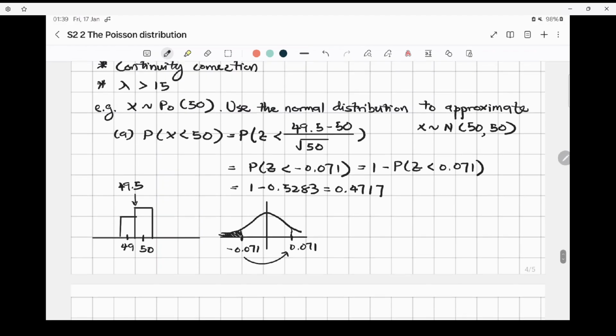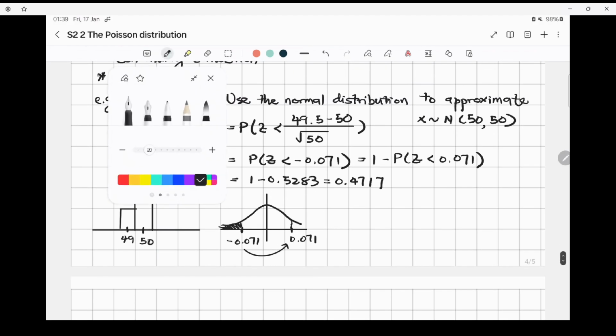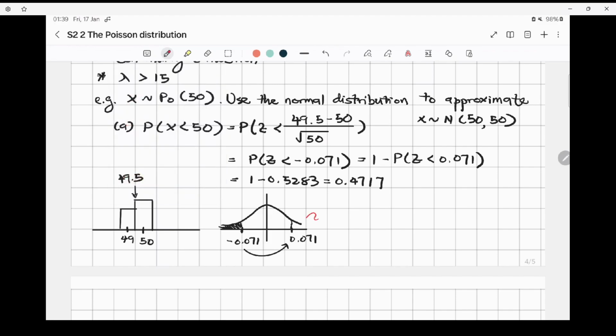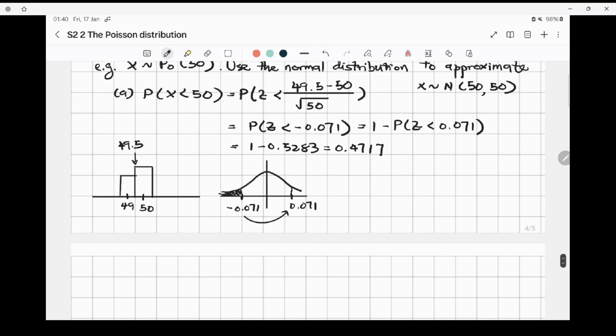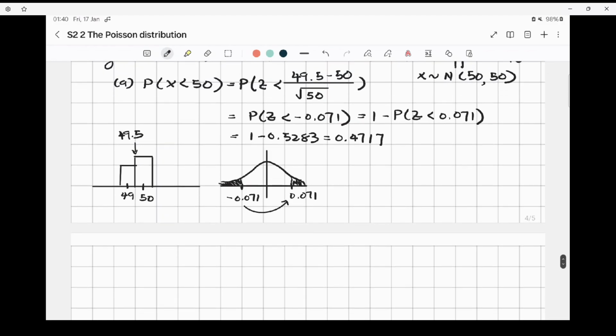And if you use the table, these are the values that you will find. In order to find the exact same value, you have to use 1 minus P(Z < 0.071), which is over here. These two are symmetric. Roughly that's the idea of finding the continuity correction number and how to read the table and do the conversion. So I explained part A. For the rest of the examples, I will just write down the answer.